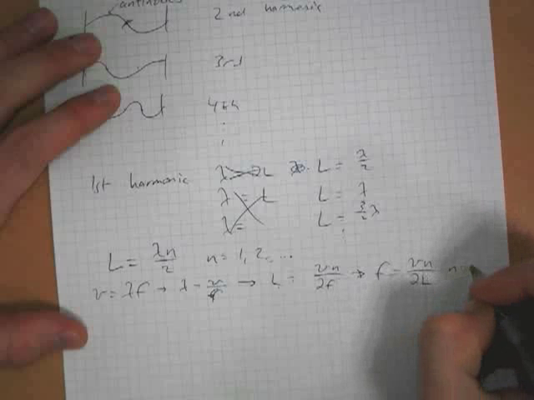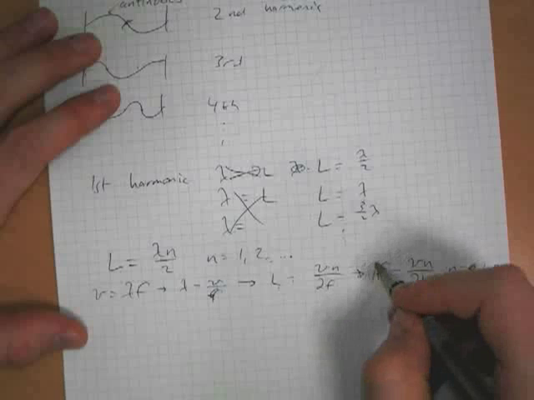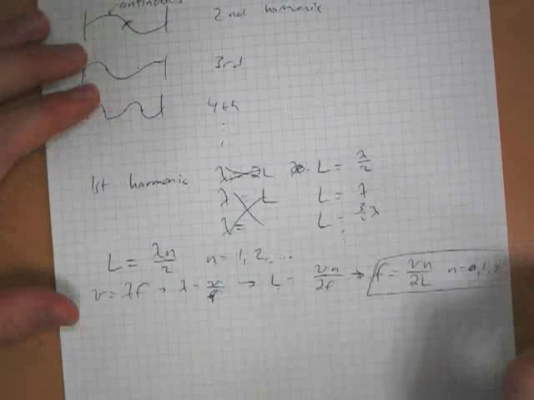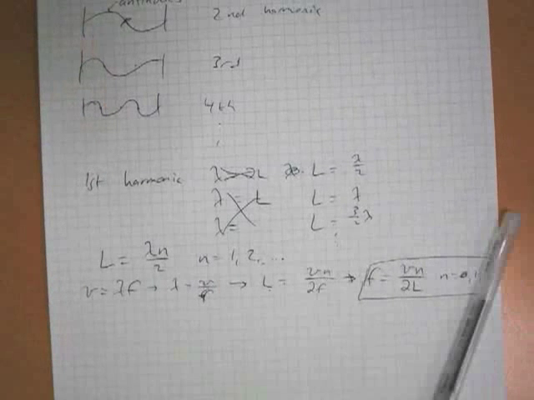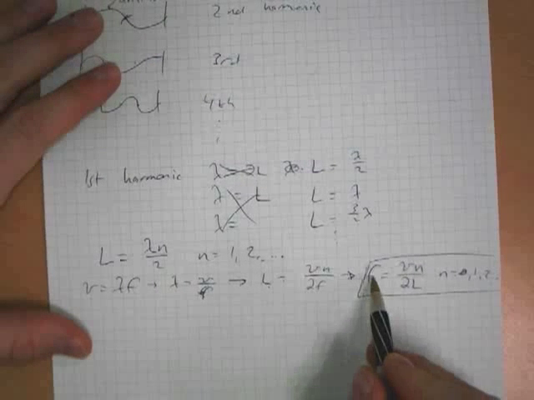Again, where n equals 1, 2, etc. And this is the equation for the harmonics, or the places where the standing waves occur.